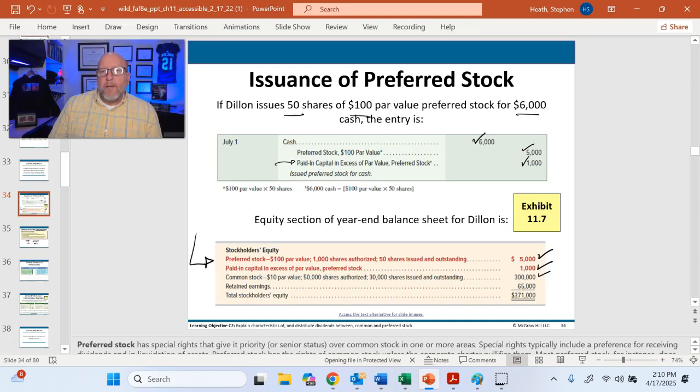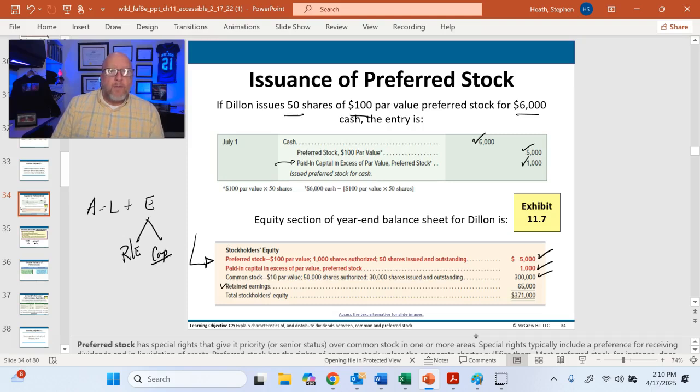And then we have common stock, and it looks like we issued all of the common stock at par value because there is no additional paid in capital account for common stock. And then we have retained earnings, right? So again, assets equal liabilities plus equity. We have retained earnings, and then we have capital.